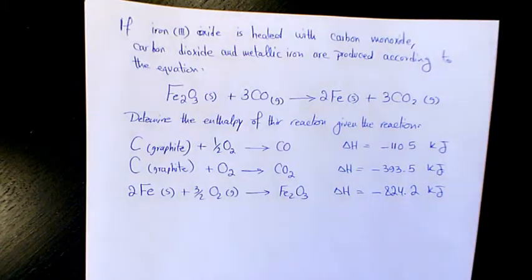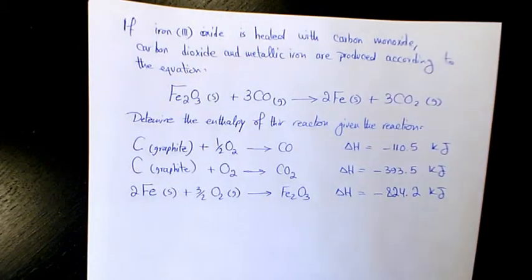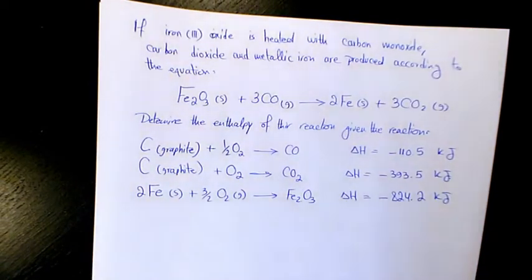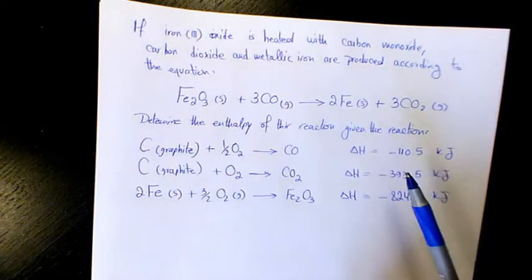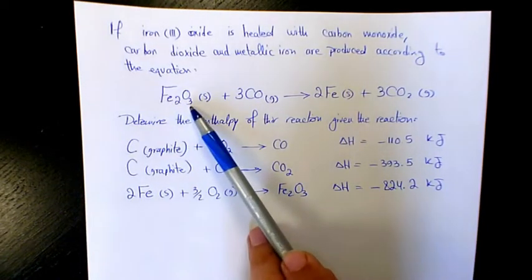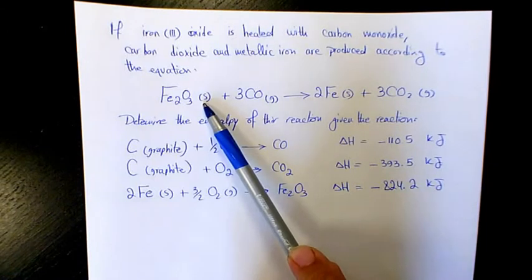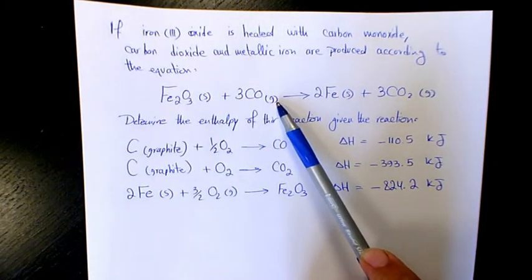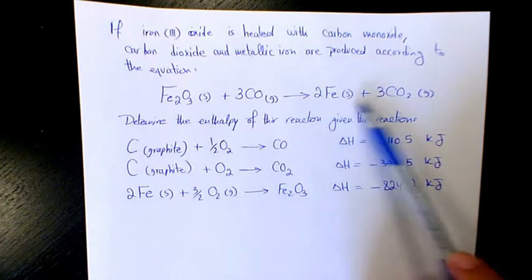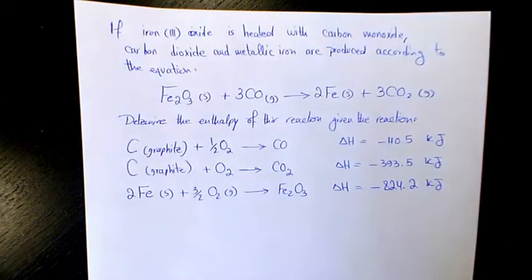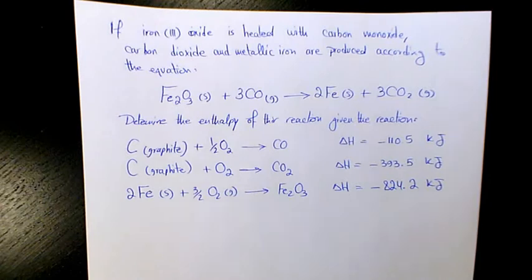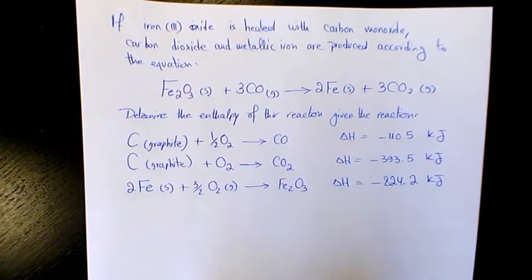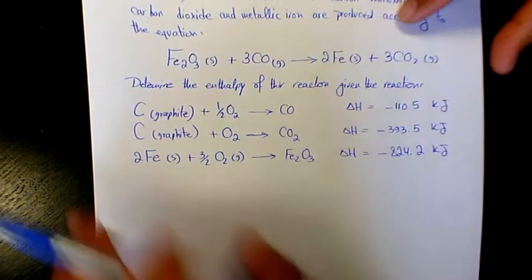Next example, it says if iron trioxide is heated with carbon monoxide, carbon dioxide and metallic iron are produced according to the following reaction. The equation is Fe2O3 in solid form plus 3CO, carbon monoxide, in gas form. It's going to produce 2Fe in solid form plus 3 carbon dioxide, CO2, in gas phase. Determine the enthalpy of the reaction given the reactions as below.